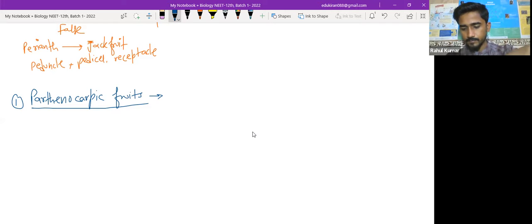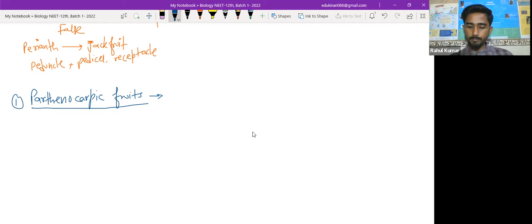Parthenocarpy is where development of fruits takes place without fertilization.